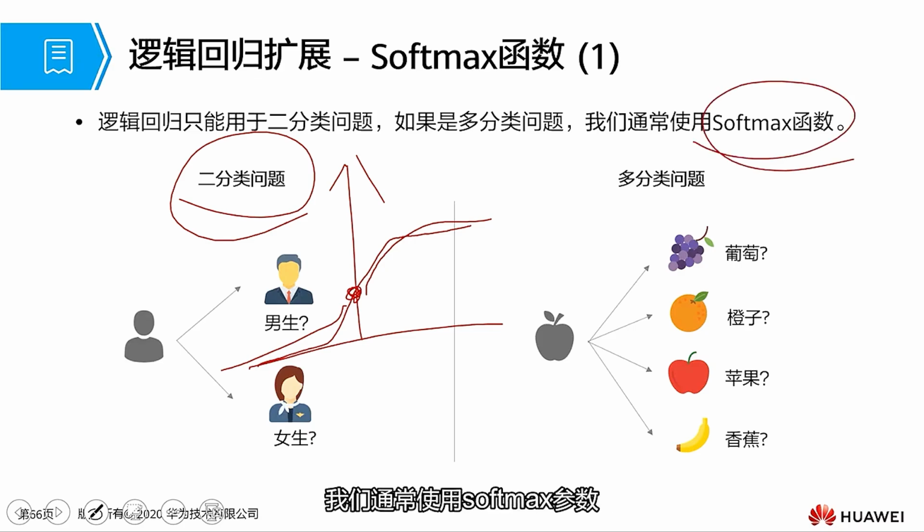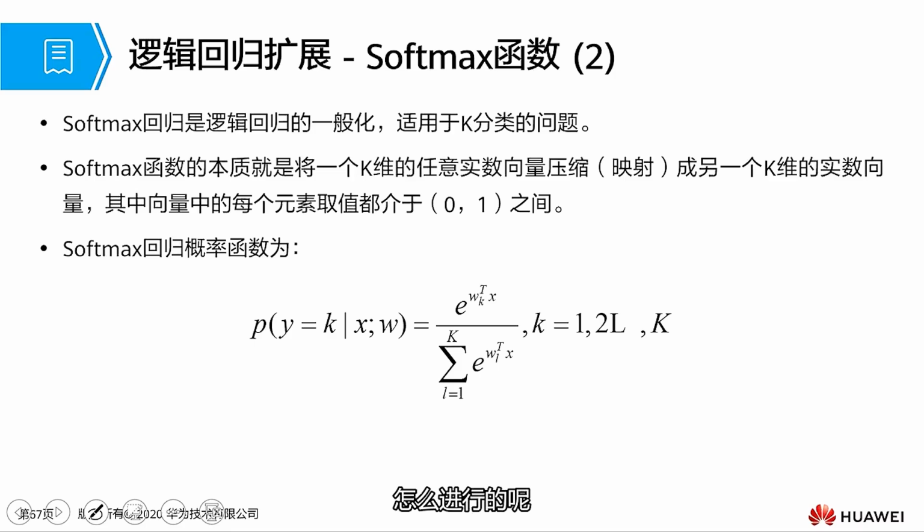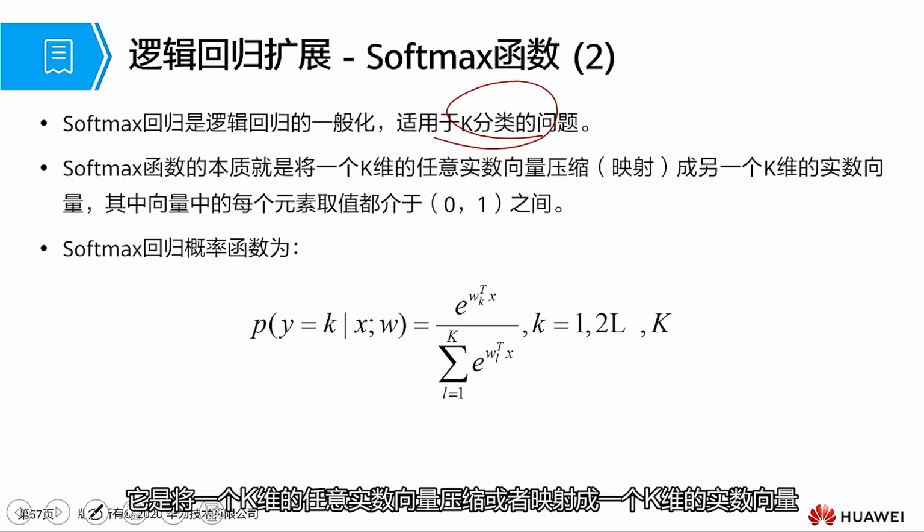How do we map it to a multi-classification problem? For multi-class classification problems, we usually use the softmax function. Just like this, we can have grapes, oranges, apples and bananas all classified. How is it done? Let's continue to look. Softmax regression, or this function, is the generalization of logistic regression.